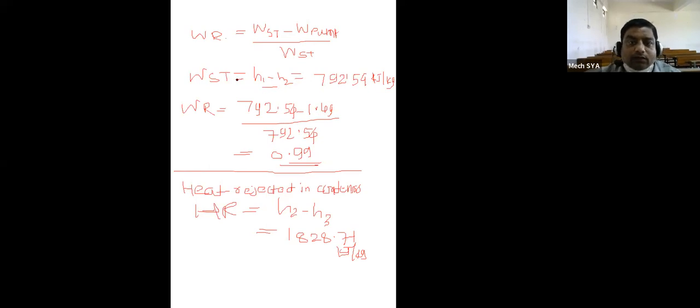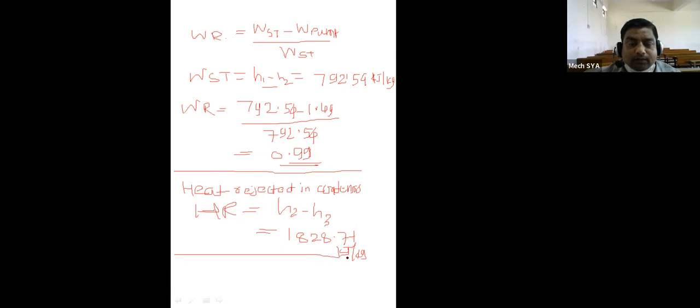Then work ratio will become W steam turbine minus W pump divided by W steam turbine, and is equal to 0.99. Then heat rejected in condenser, HR, is equal to H2 minus H3 and is equal to 1828.71 kilojoule per kg. So H2 we got, H3 we got, and this is 1828.71.